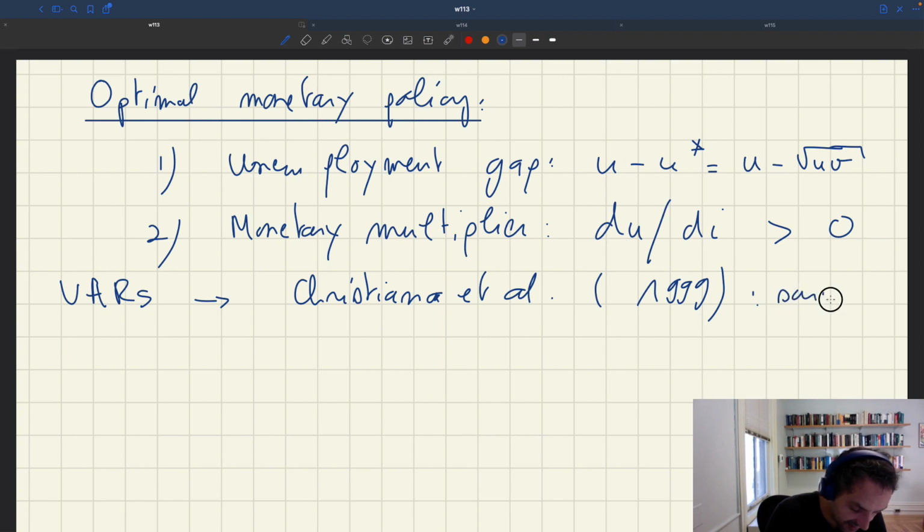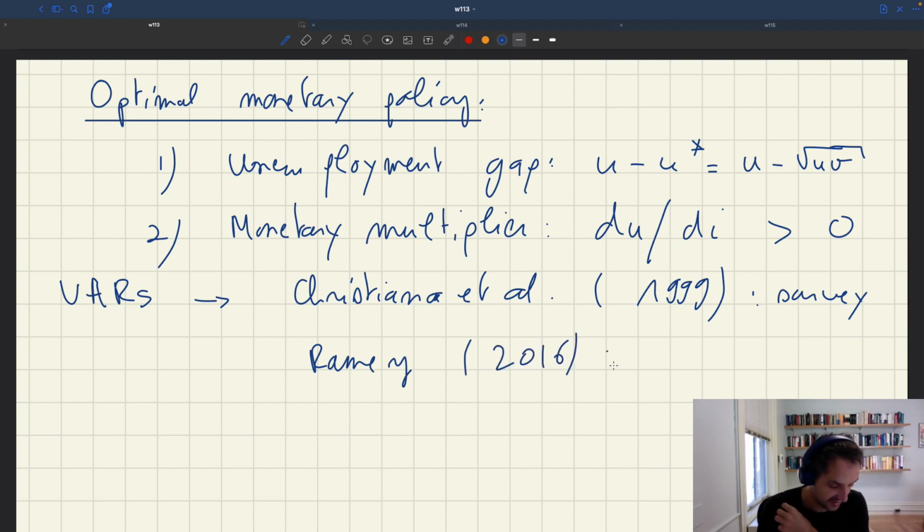It summarizes all the results from this VAR literature and discusses the challenges. If you want something more recent, Valérie Ramey also has a nice survey, more updated, that came almost 20 years later, also in the Handbook of Macroeconomics, in the next iteration. You can see how this is done and what the challenges are.